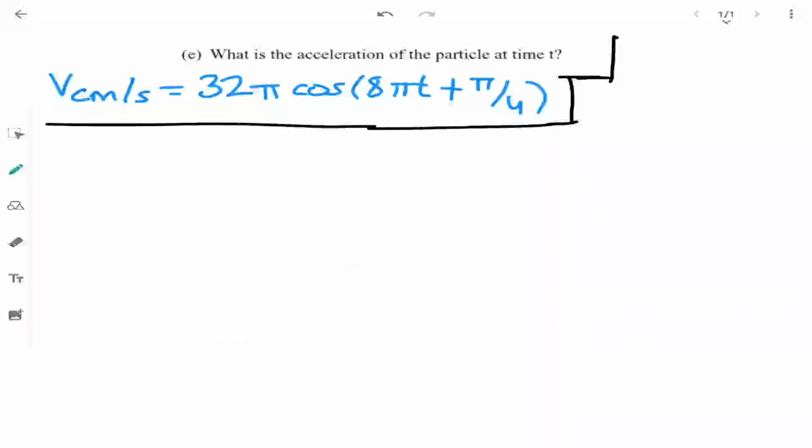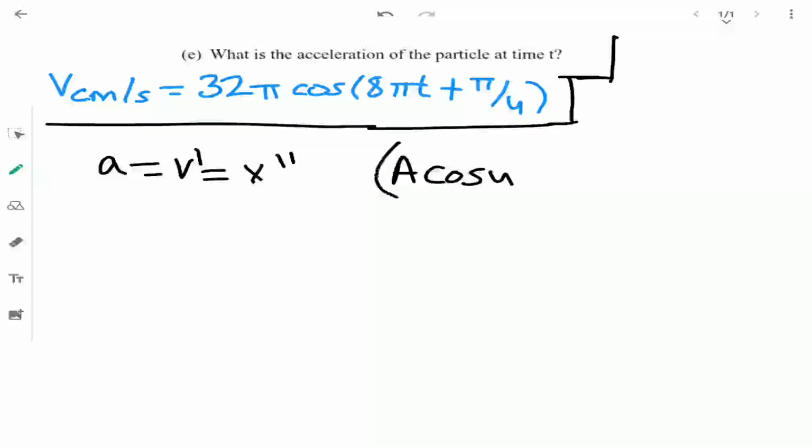As we all know, the acceleration is equal to the derivative of the velocity or the double derivative of the position. Now the format of the velocity is a cosine u, where u is something that you can derive. Well, as we all know, the derivative of this is negative a u prime sine u. So using this formula, what we should get is a equals negative 32 pi.